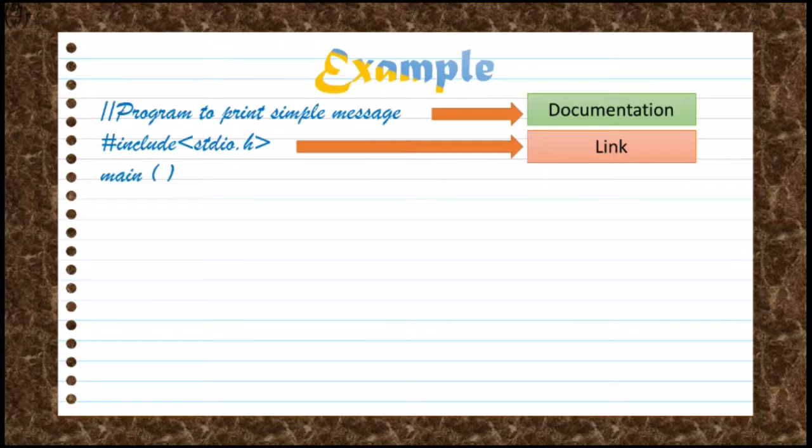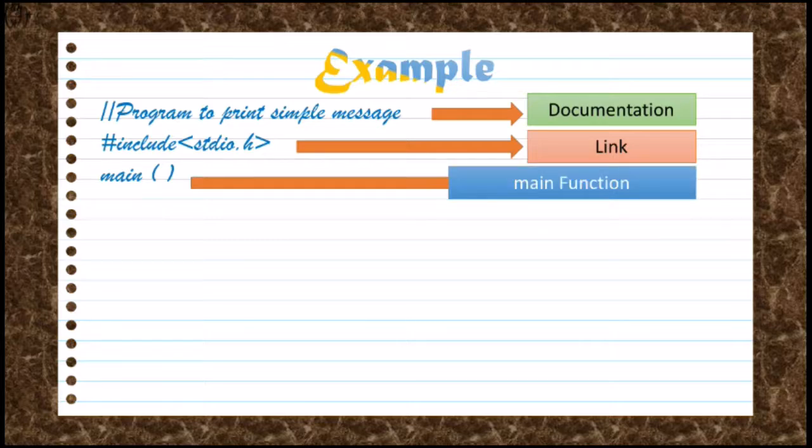Next, the main function: main, then opening and closing brackets. So this comes under the main function. The main function starts with an opening curly brace. Then we are using the printf function to print the message.